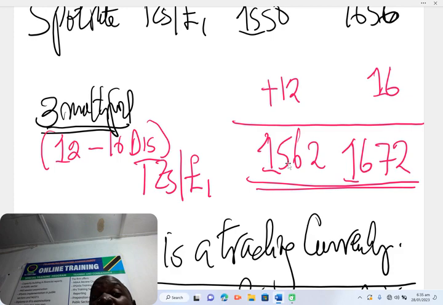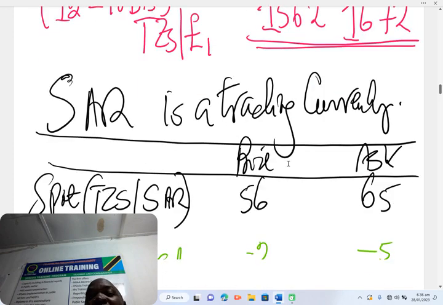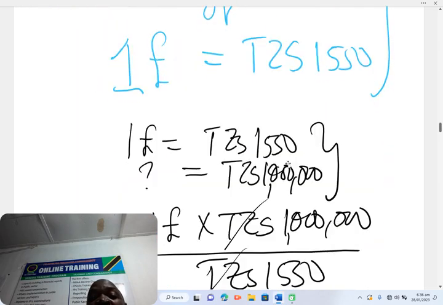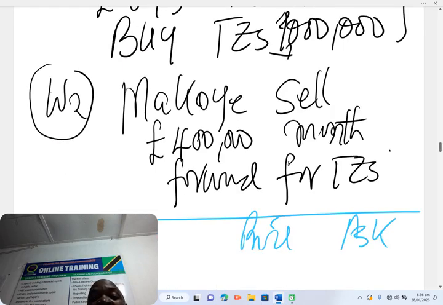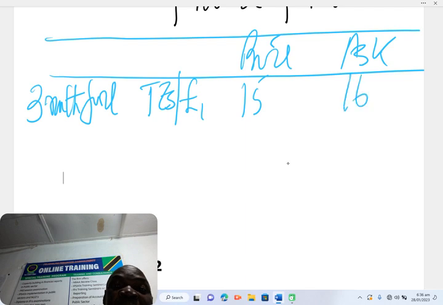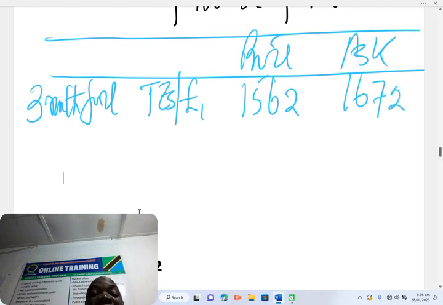Now, if you fail to get these numbers in part A, off you go. You can't solve the next one because actually you had garbage in, garbage out. So it is 1562 and 1672. Garbage in, garbage out.